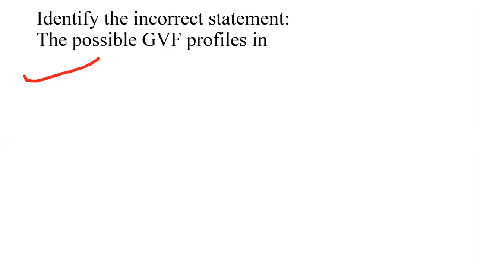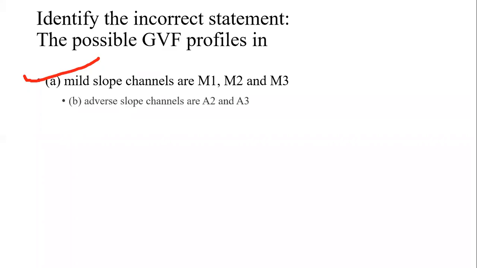Identify the incorrect statement. The possible GVF profiles in mild slope channels are M1, M2, and M3.